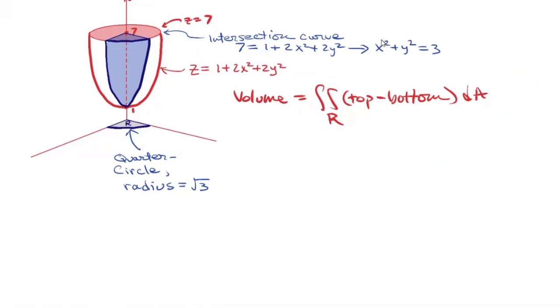So the top is the 7 minus the bottom 1 plus 2x squared plus 2y squared, and dA. Any questions?